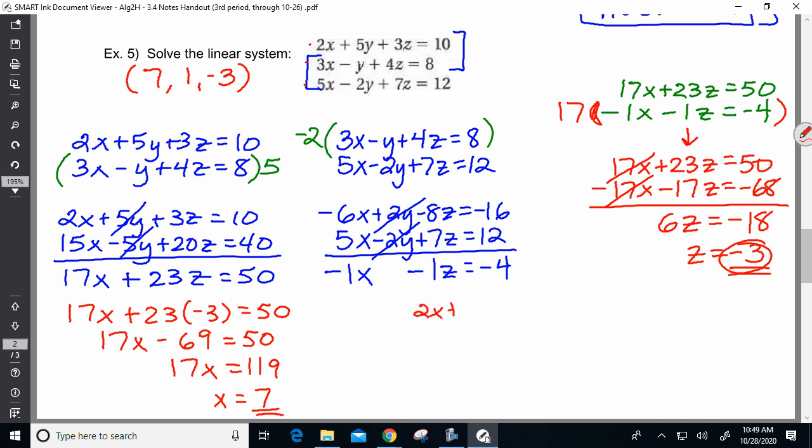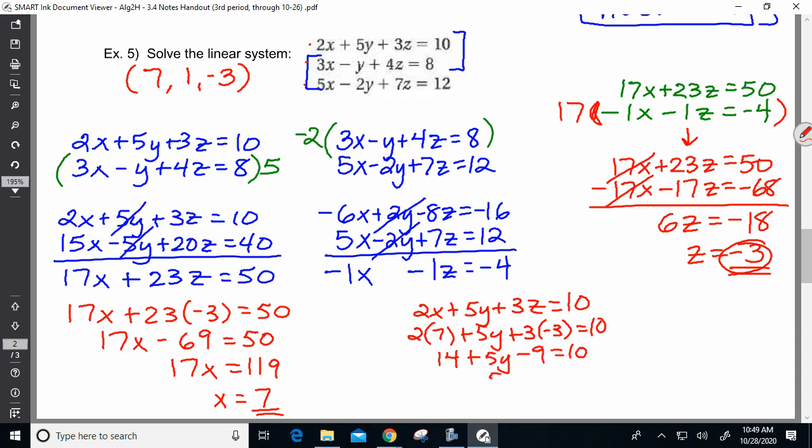So we'll use the first one because I feel like it. 2 times 7 plus 5y plus 3 times negative 3 is 10. 5y plus 5 is 10. 5y equals 5, so y equals 1. There's your 3 answers.